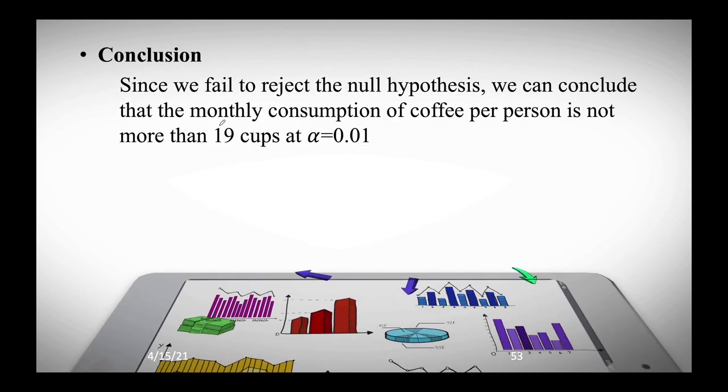That's why yung conclusion natin, we can conclude that the monthly consumption of coffee per person is not more than 19 cups. Again, at alpha level 0.01. It can have a different conclusion if we use a different significance level.